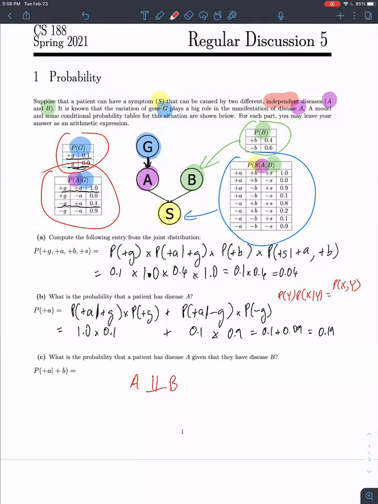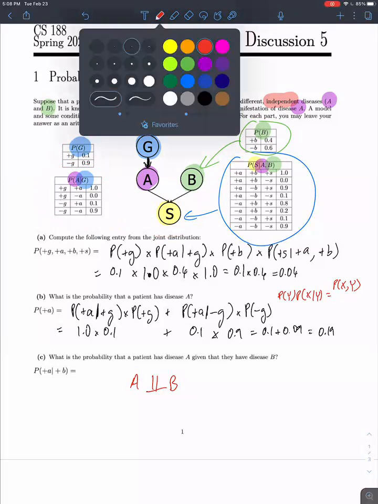We'll get later into this thing called d-separation, which is once you have d-separation, you're just going to look at this graph and be like, I can tell they're independent, but we don't have that yet. So we'll get to it later. But for now, it just says in the question, they're independent.